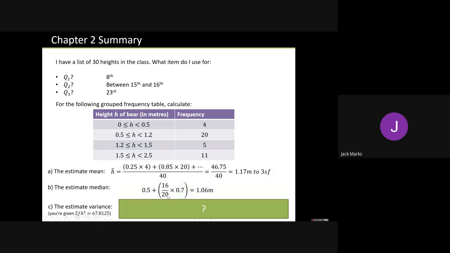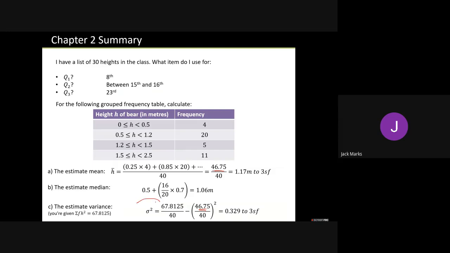The estimated median, you will see a linear interpolation calculation, and the estimated variance. So we can still do variance and standard deviation and so on with examples like this. We just need to use midpoints. The midpoints factor in, as you can see, when we did the estimated mean, we were getting values from this, and those values are being carried over.